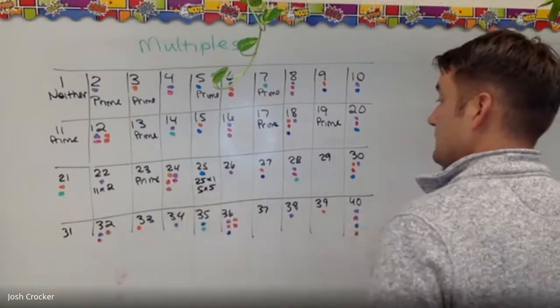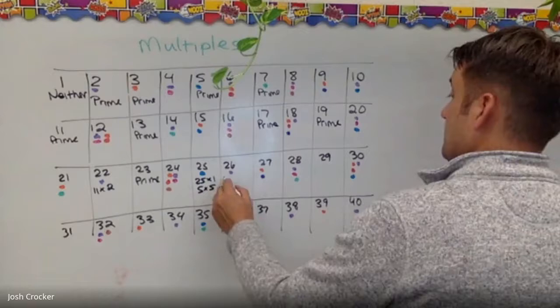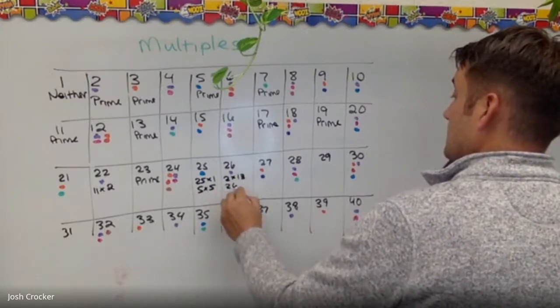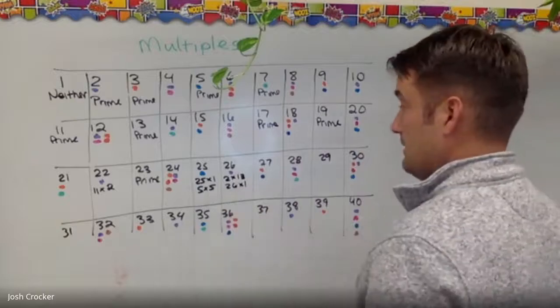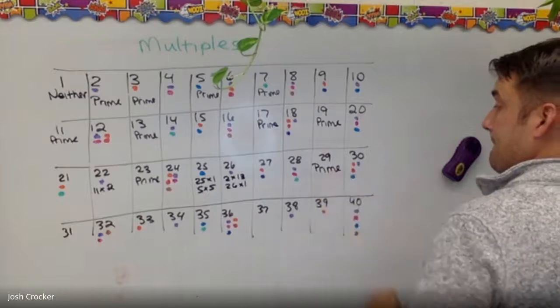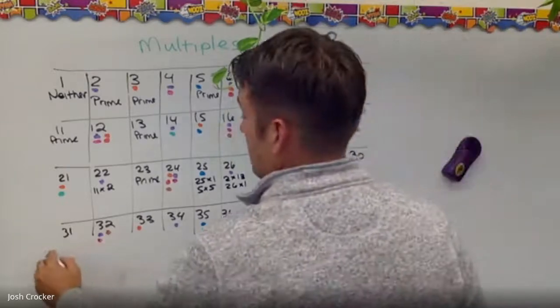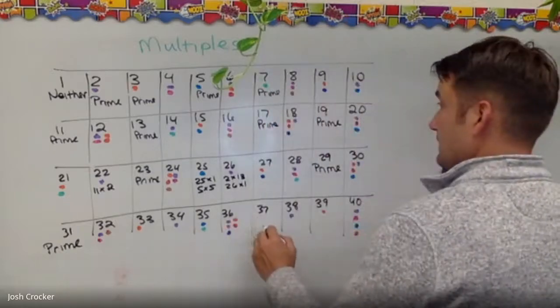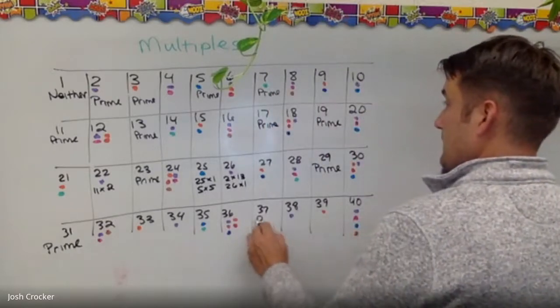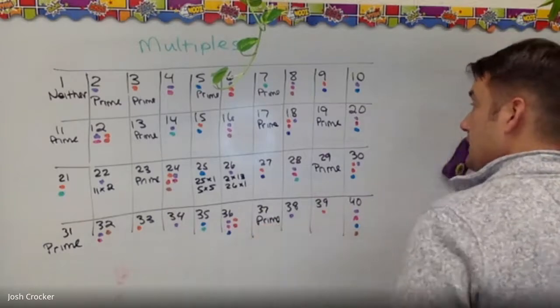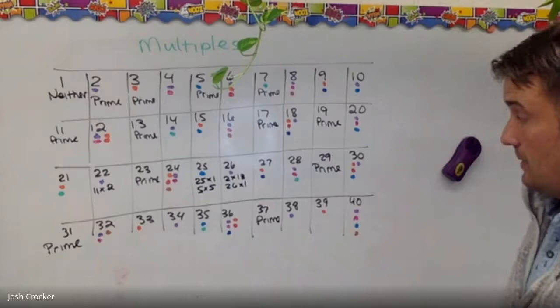So it's composite. 26, I can do 2 times 13, and 26 times 1, so it's composite. 29 is prime. 31 is prime. 37 is prime. I think we got them all.